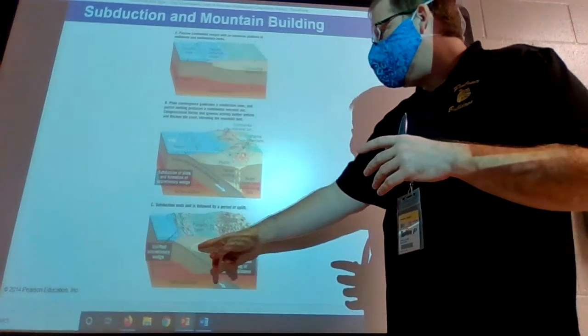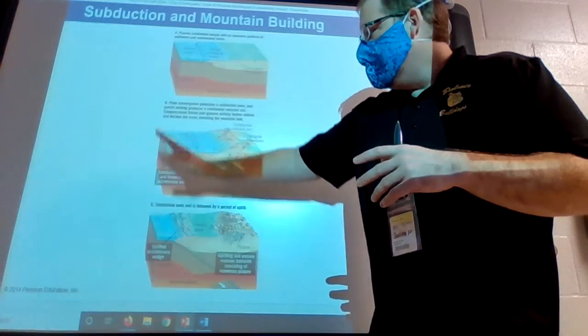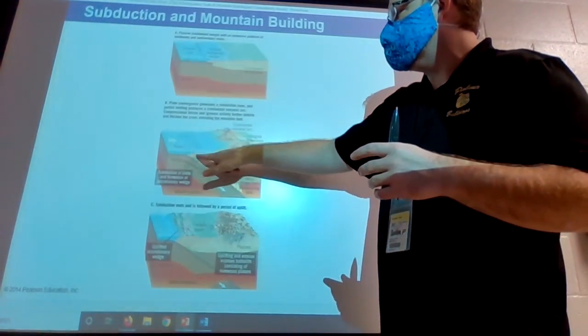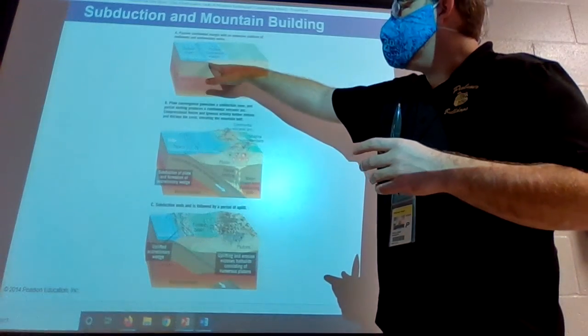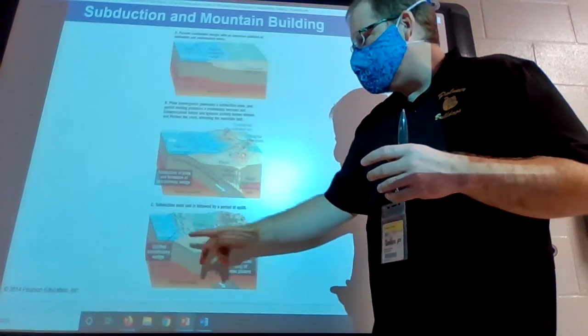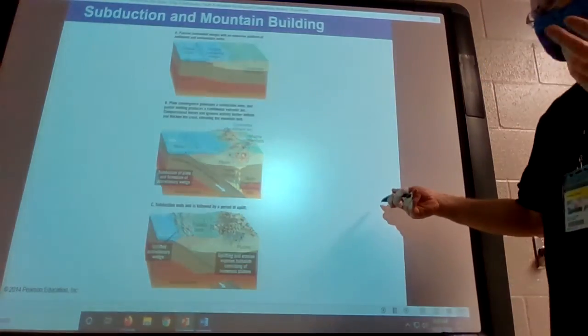And then eventually they've got a little bit of it happening here. Your sediments that are coming off the ocean just get scraped off at the edge of this continent and start to build this wedge right here. There's not really anything there to begin with. And then you start to build up that wedge, and if you build up enough of it, it can add new land to your continent. So you get a new little area there.